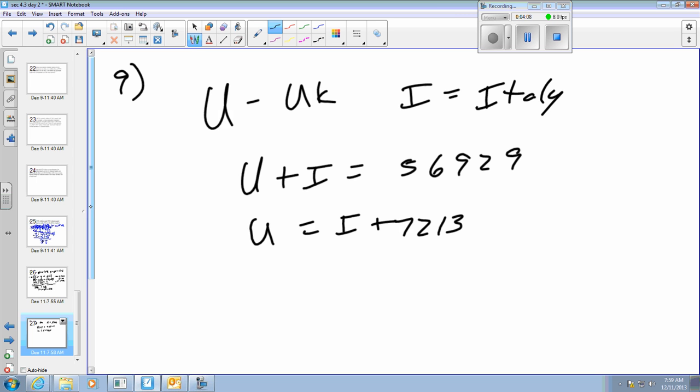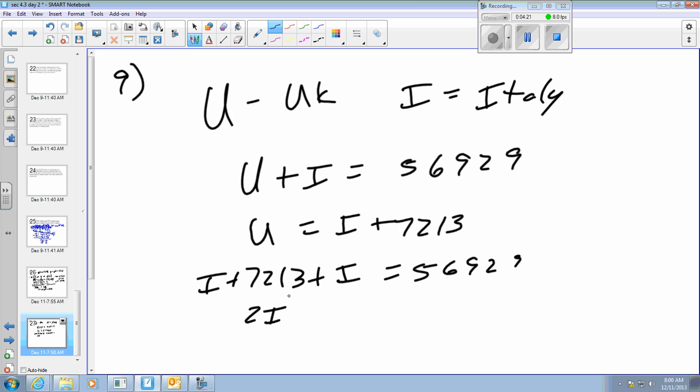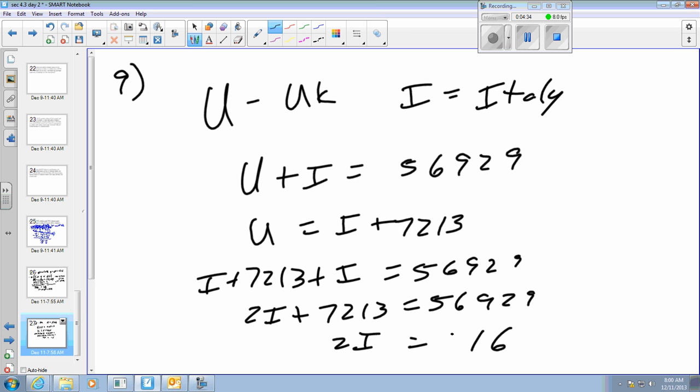Again, this looks like an opportunity to use substitution, so I'm going to put Italy plus 7213 plus Italy equals 56,929, and I get 2I plus 7213. Going to need a little help here doing some subtraction. 2I equals 49,716.